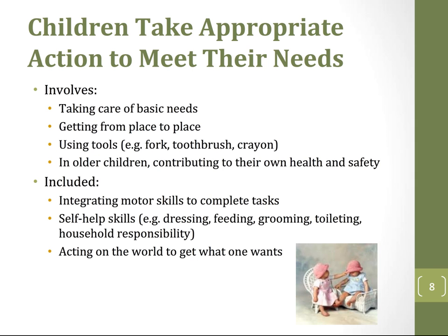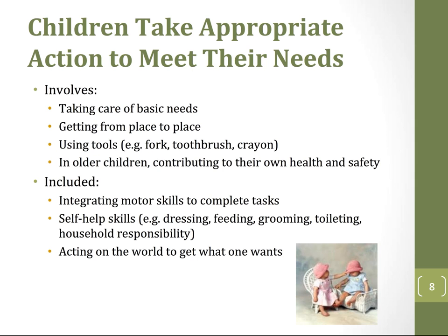Children who take appropriate action to meet their needs show a variety of behaviors related to this outcome. For example, they're able to use gestures, sounds, words, signs, or other means to communicate their wants and needs. They can meet their self-care needs such as feeding, dressing, and toileting, which allows them to participate in everyday routines and activities.